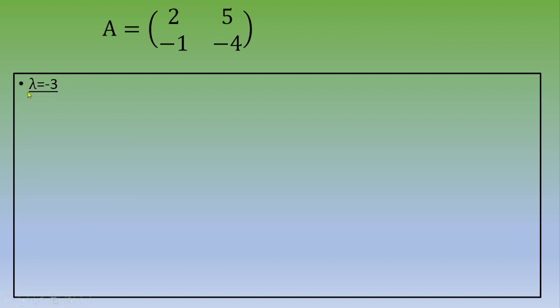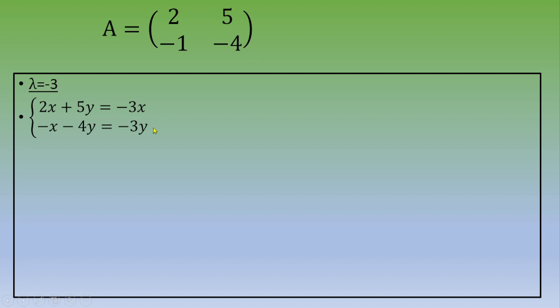So let's say that now the eigenvalue is negative 3. We apply the same formula, A v equals lambda v, and we end up with this system. On the left, this is the same numbers as the matrix, and on the right you've got negative 3 and x and y.